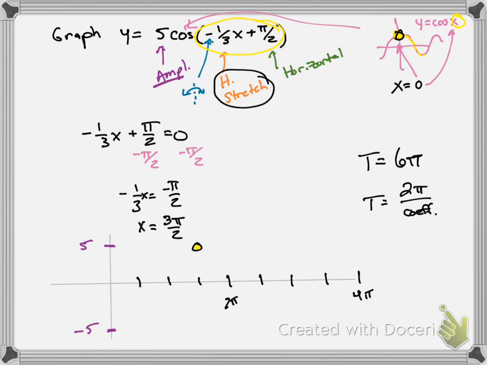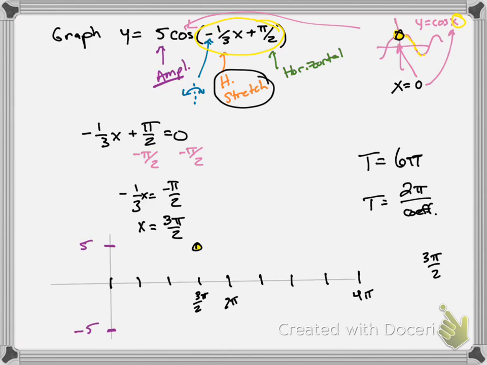So if a period is 6 pi, well then half a period is 3 pi, right? And then a quarter of a period would be 3/2 pi. So really, this is 3/2 pi, because that's where this is, 3/2 pi, right?